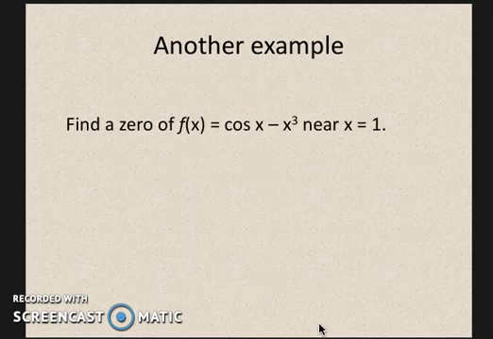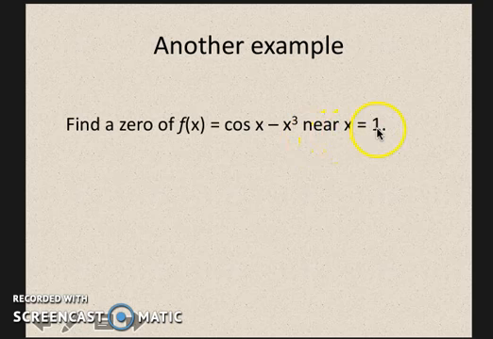The same thing you are going to do with this cosine x minus x cube near x equal 1. Again, your x equal 1 is your initial guess, and you store cosine x minus x cube as your y1. The derivative of cosine x minus x cube will be negative sine x minus 3x squared.